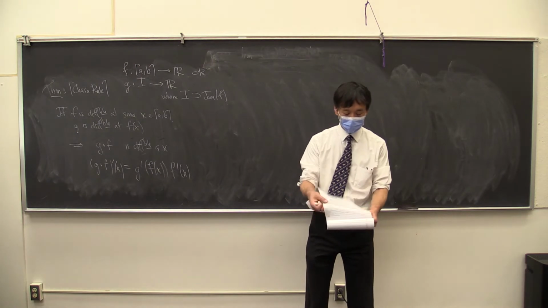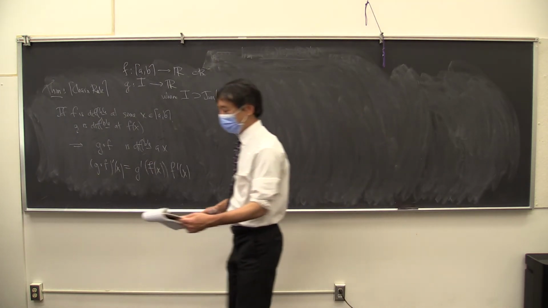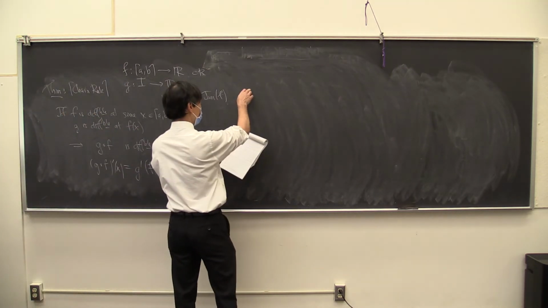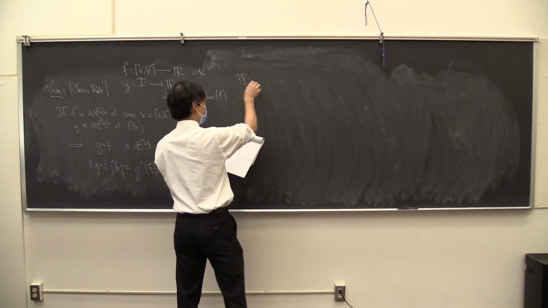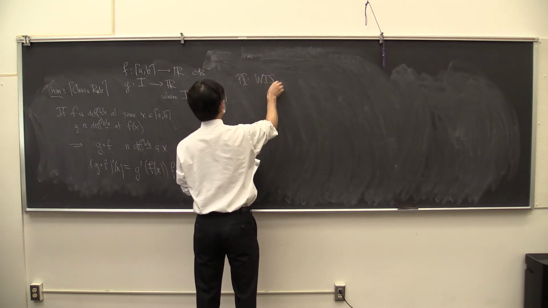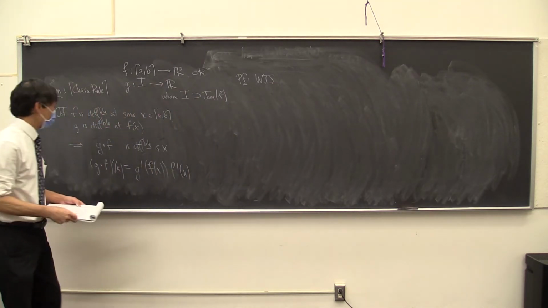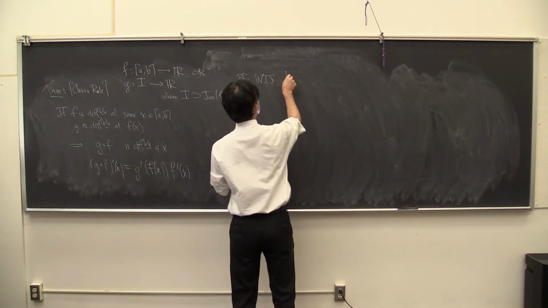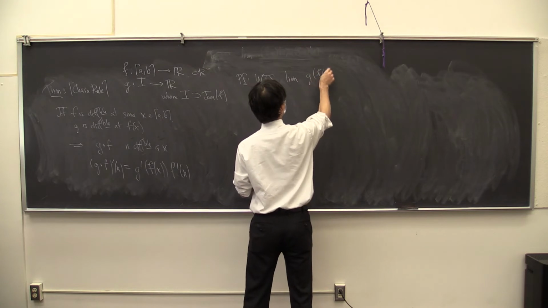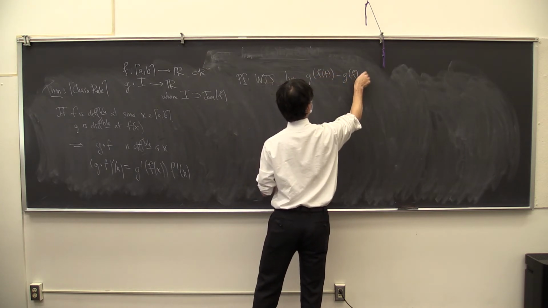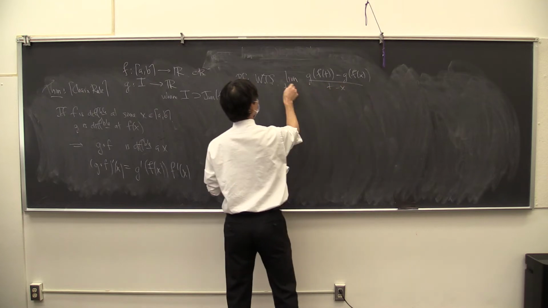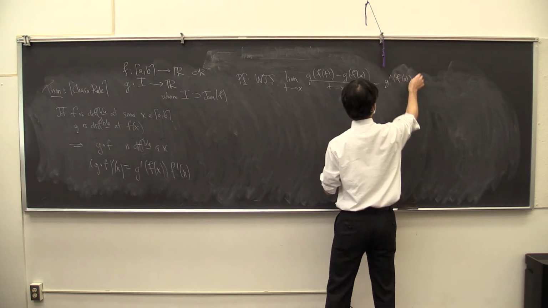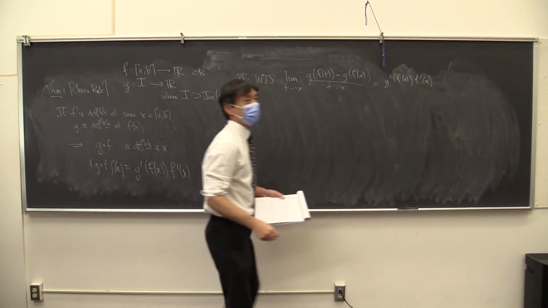Okay, but let's prove it. Let's prove it using the tangent line approximations. Here we go. We want to show that the limit of g of f of t minus g of f of x over t minus x, as t goes to x, is going to be g prime of f of x times f prime of x.